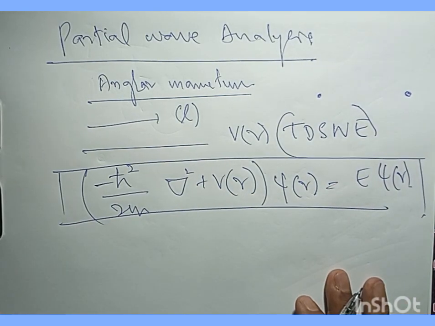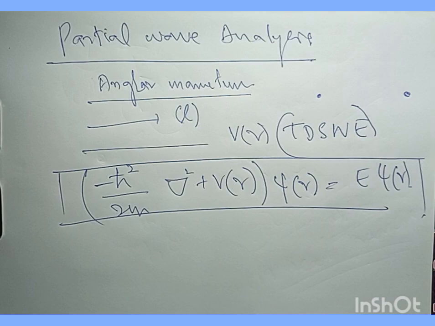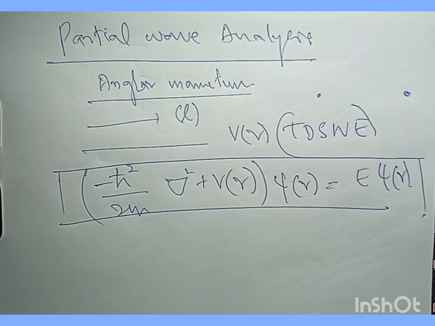As we have already done in our previous course, we worked out the Schrodinger wave equation in spherical polar coordinates, preferably when we discussed the problem of the hydrogen atom.